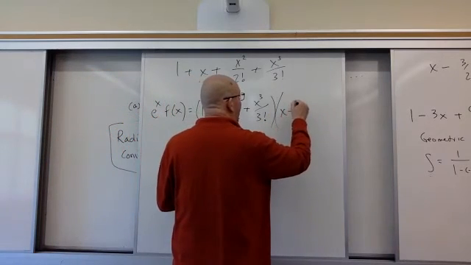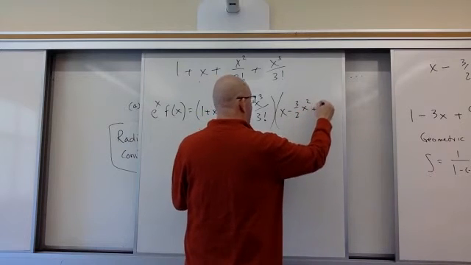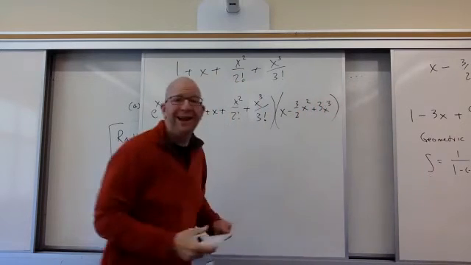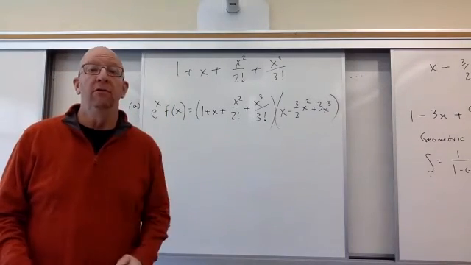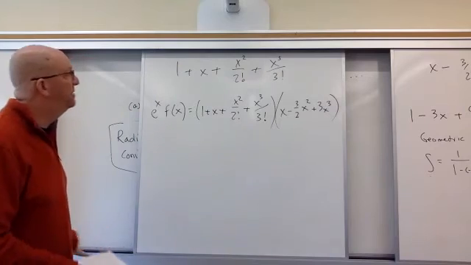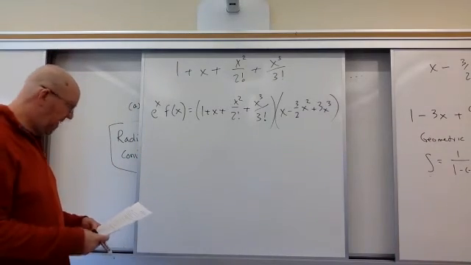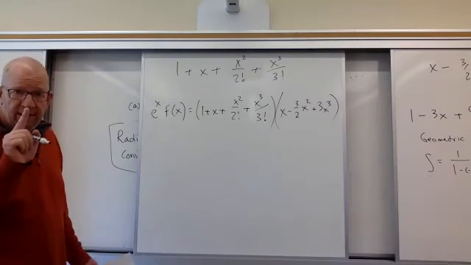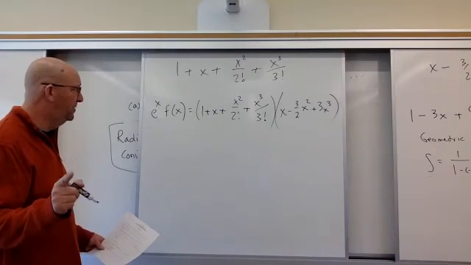So let's go to f. Let's go x minus 3 halves x squared plus 3x cubed. I don't have to write any more because I'm only interested in the third degree. All right, let's do some algebra and see what happens here. I think all of this should come out nicely. Now, I will try to do this carefully, but I'm doing this in one take.